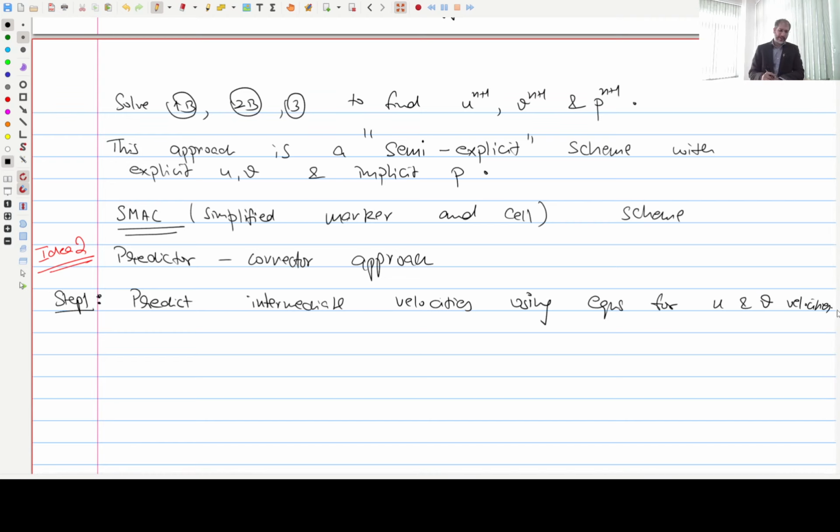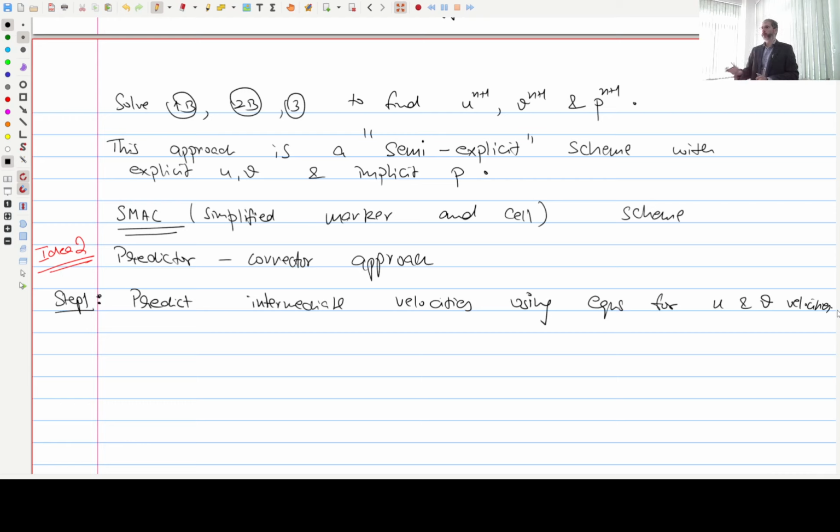Since we are not using 1b and 2b, because if we used 1b and 2b, we would find un plus 1 and vn plus 1, because 1b is for un plus 1 and 2b is for vn plus 1. So I'll not use 1b and 2b. I'll say in general that you have equations for u and v, and I'll write those equations to predict intermediate velocities.